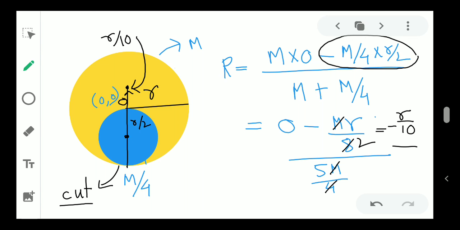So this one you have to do very carefully because there can be mistakes. So this is basically the theory behind these cutout problems.